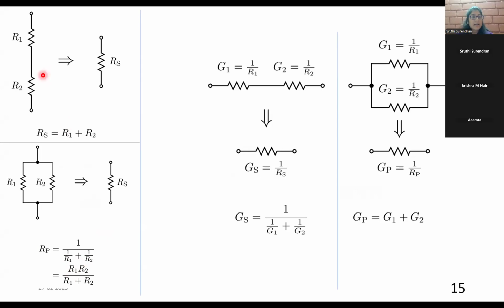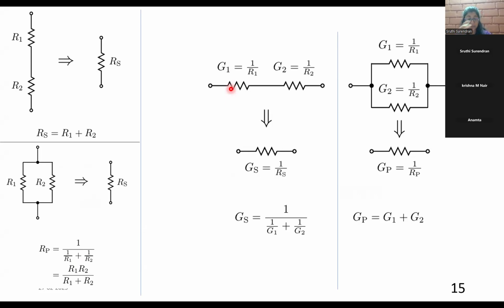So in a series connection, it is always the sum of the two resistances, and in a parallel connection, it will be in this form. The same way, conductance is also like this, except that if resistance is the sum over here, conductance in a series connection will be in this format, 1 by (1 by G1 plus 1 by G2), because the reciprocal of the resistance is the conductance.